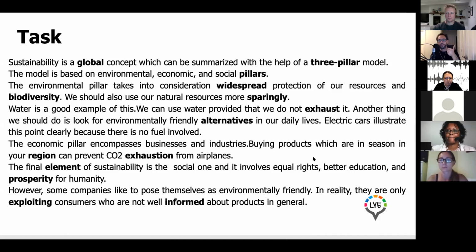The words that are bolded are the lexis that students had to master for that specific unit, and I think it was a unit on sustainability. So what would be the first step here? This is a spoken text, once again. What would be the first thing that we would do here?